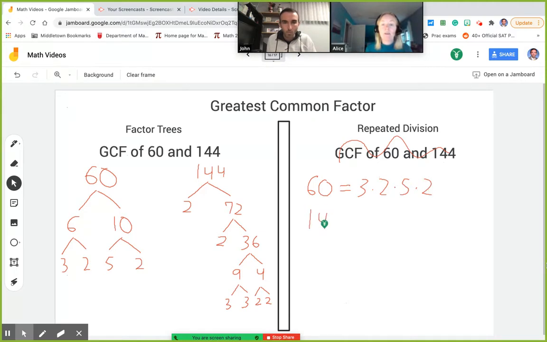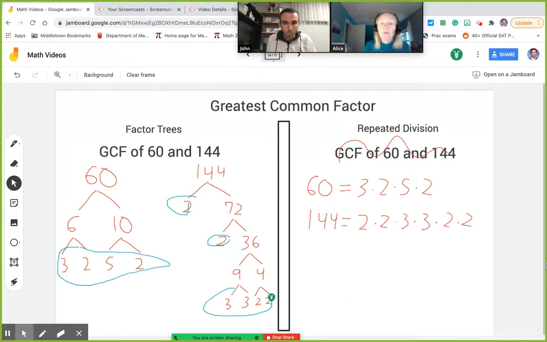I can say, okay, 144, reading every branch of the factor tree, is 2 times 2 times 3 times 3 times 2 times 2. And let me just circle that here, just so it's really clear where those numbers came from. That's there. And then these numbers here for 144.